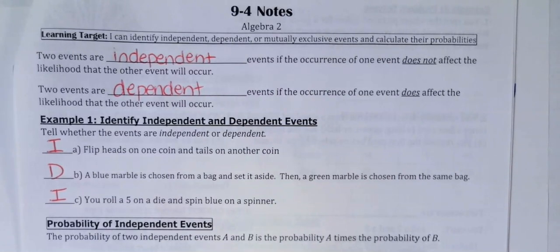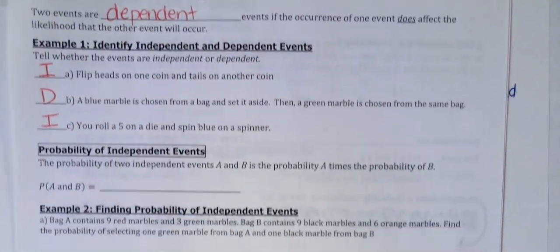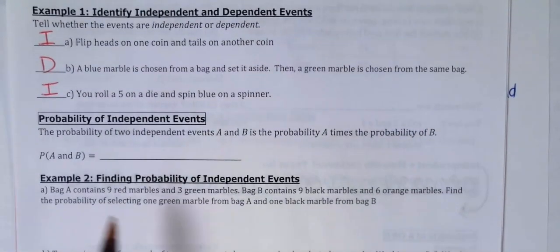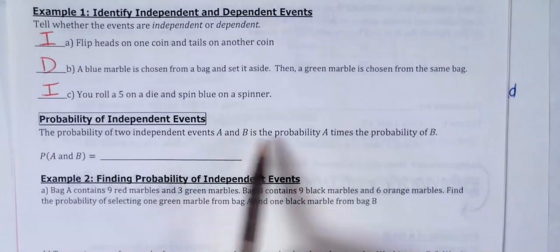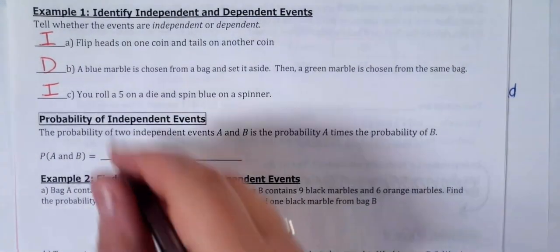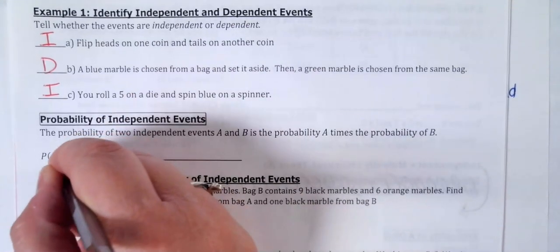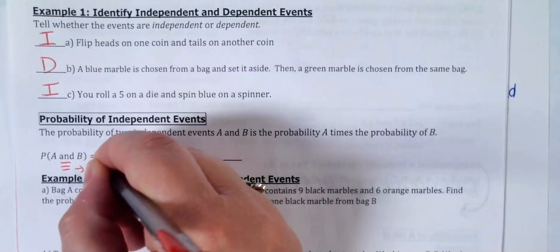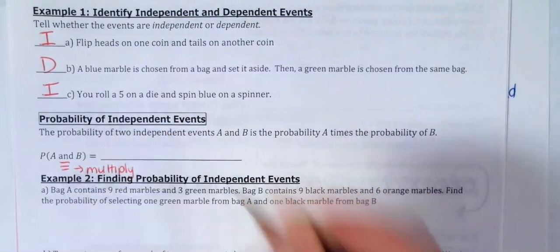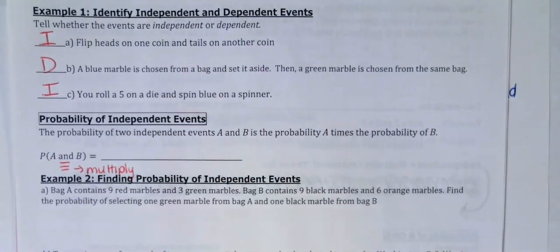All right, now, probability of independent events. This just says probability of two independent events. So these don't affect each other. A and B are what they use for the probability. If you see the word and with a probability, I want you to think multiply, because you're going to multiply the two numbers together.